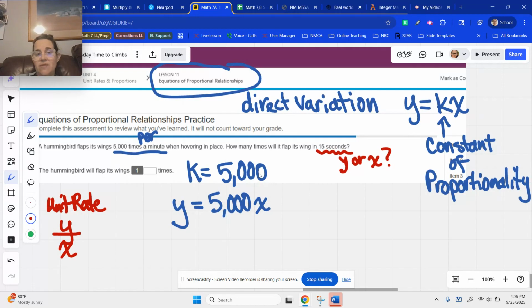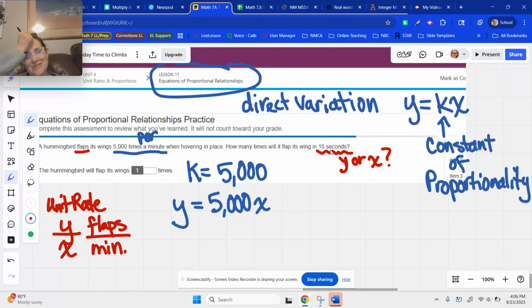So when I had the 5,000, was that the number of flaps or the number of minutes? I think it was the number of flaps because it said 5,000 times. So what I have here is flaps over minutes. Oh no, in 15 seconds, that's not a number of minutes.